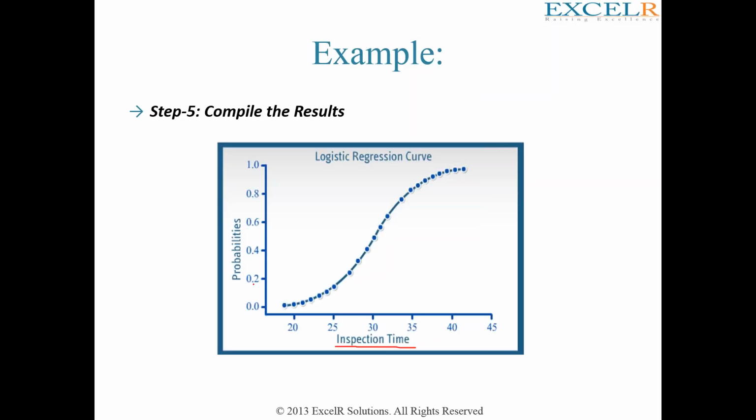If you spend very little time on inspection, the associated probability would also be very low. And slowly it's going to increase, rapidly it's going to increase. And after a certain amount of time, no matter how much time you spend on inspection, the probability of detecting the errors would still remain the same, right?